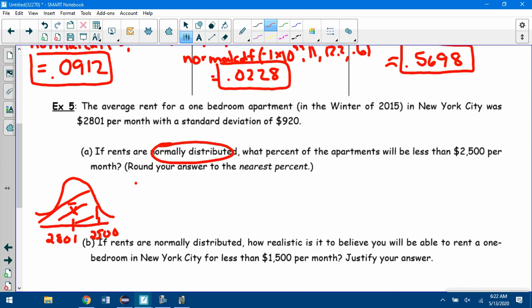So all we have to do is normal CDF. What's my lower? Negative infinity. What's my upper? 2,500 with a mean of 2,801 and a standard deviation of 920.